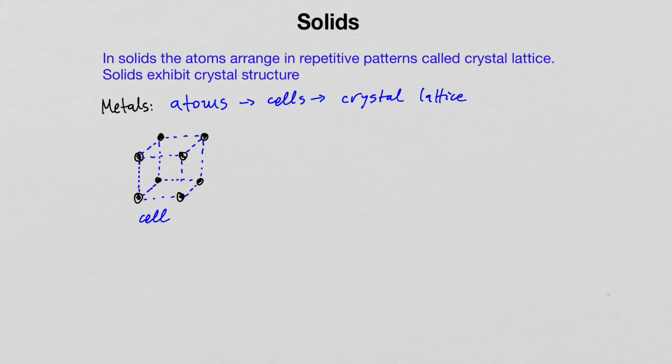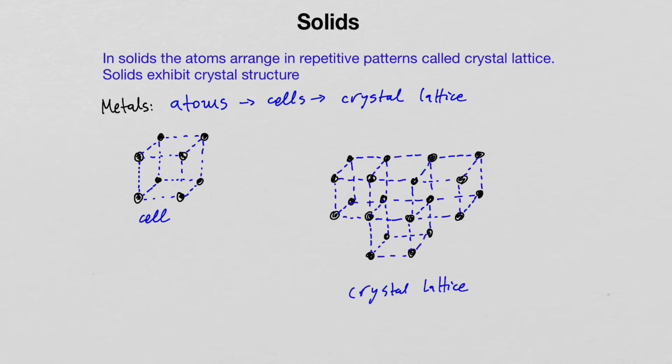Okay, so now a crystal lattice is an arrangement of cells which is periodic in all three dimensions. So for example, I can take this cell and multiply it to the left, up and down, and that is going to give me the crystal lattice of that particular type of metal.